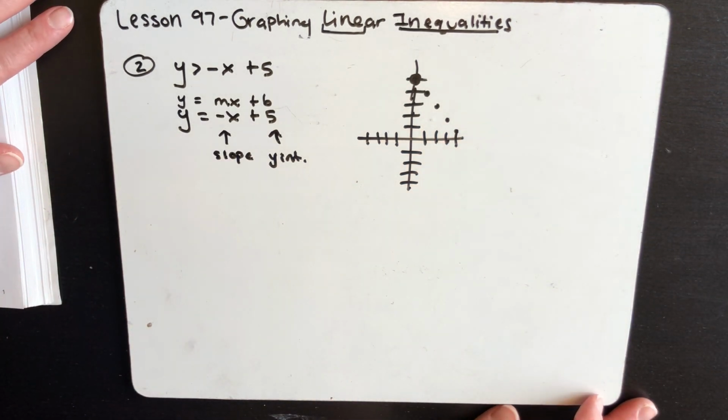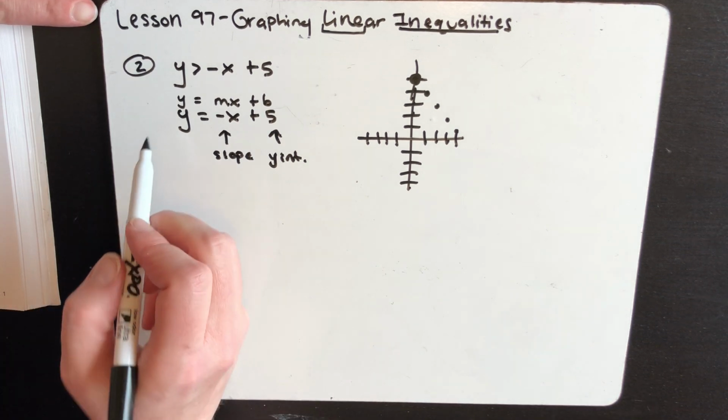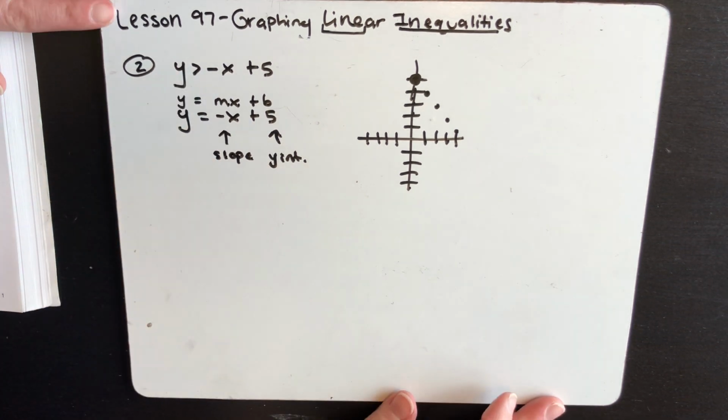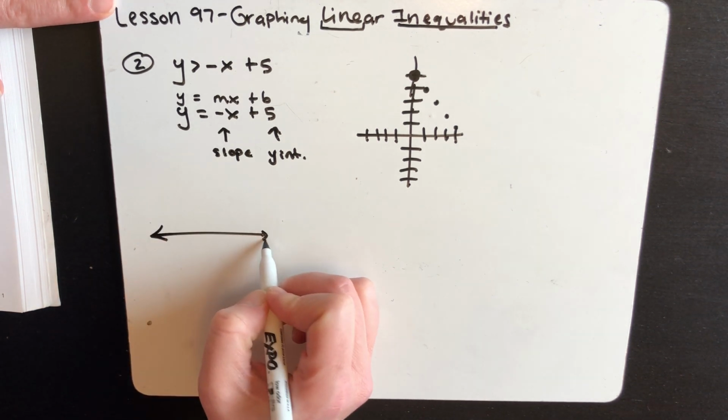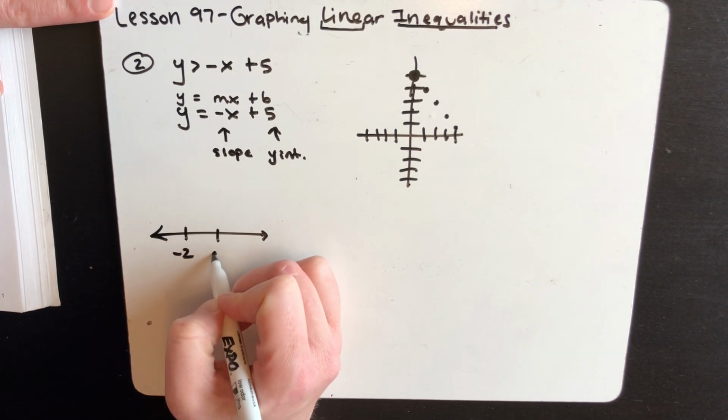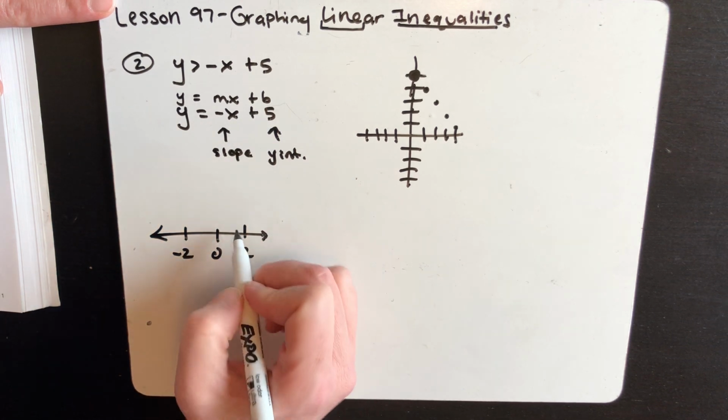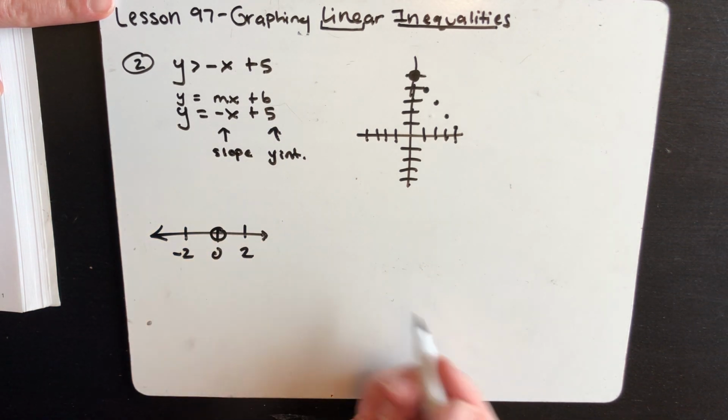All right, the only difference here is that we have this greater than sign. If you think about if we graphed these on a number line, and if it was greater than, we would have an open circle, right?